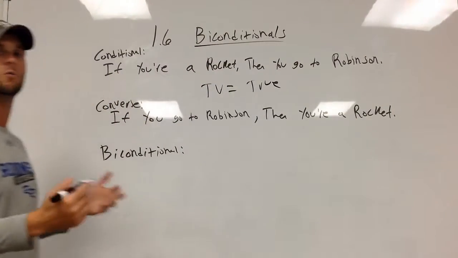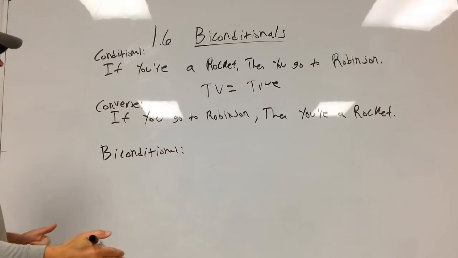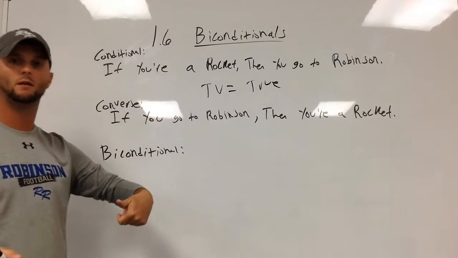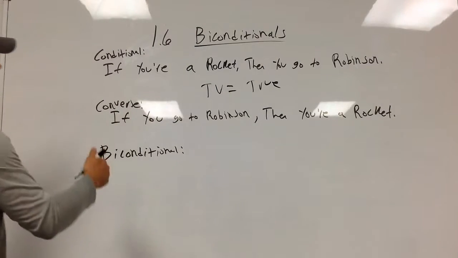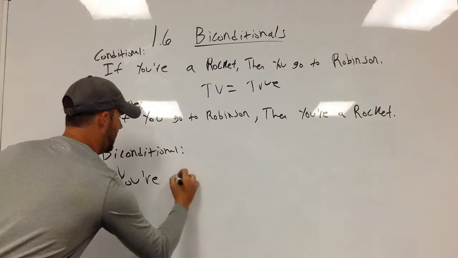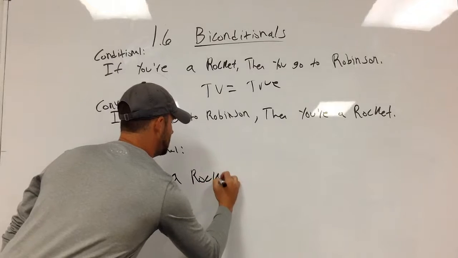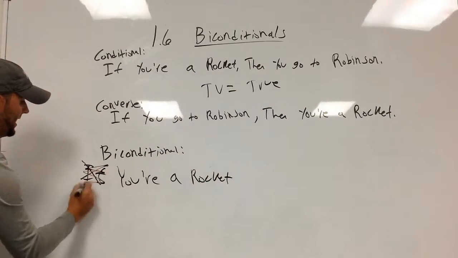So now I can rewrite both of these statements into a biconditional. And the way I do that is I drop the if and then, and in the middle put if and only if. So let's go ahead and write this. Right here, you're going to put, you are a rocket. Remember, I dropped the if, so if is gone. I'm taking that out.